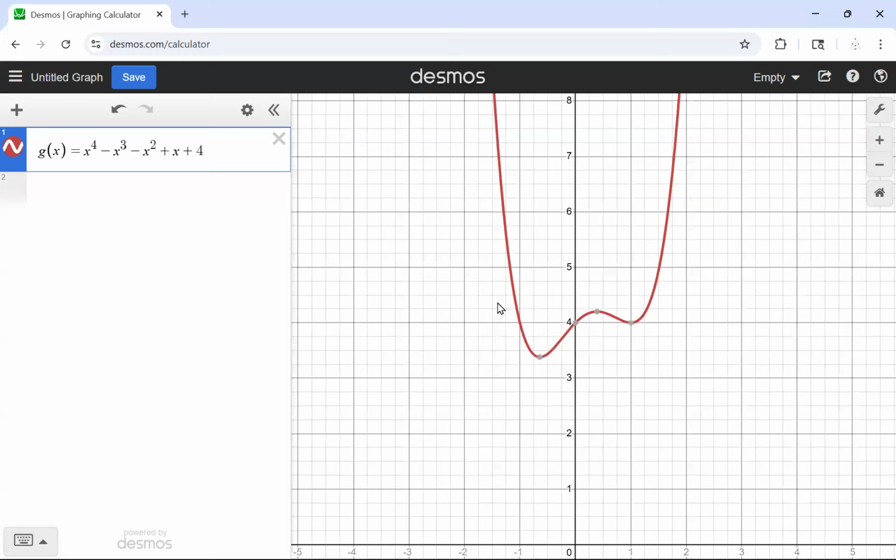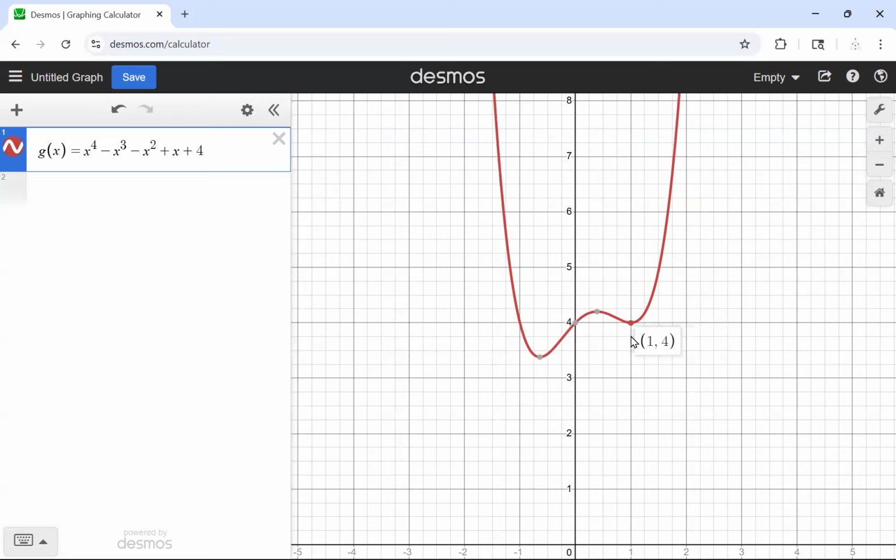You can also use the trace feature on your TI-84 calculator to do the same thing. So for instance, if I want to find some points, obviously (-1, 4) is a point on the graph. If I were to plug in 0, I'd get (0, 4) as a point on the graph.